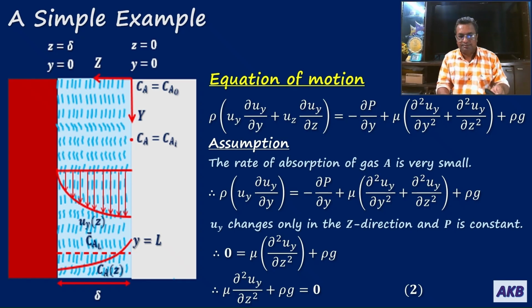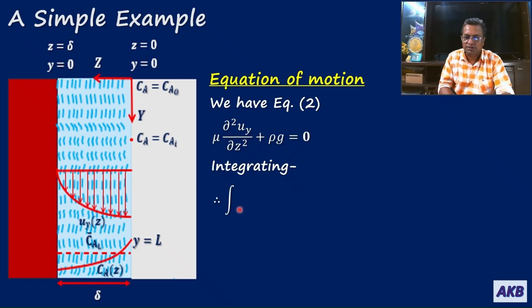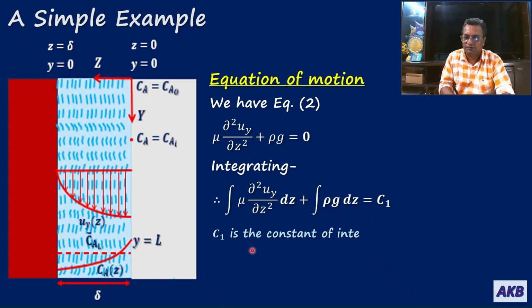Let us move on. So we have equation 2, mu into ∂²uy/∂z² plus rho into g is equal to 0. Now let us integrate this equation. So it will be integration of mu ∂²uy/∂z² dz plus integration of rho g dz, that is equal to c1. c1 in this case is the constant of integration.